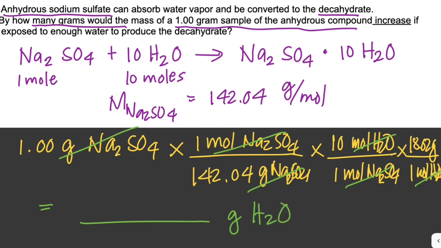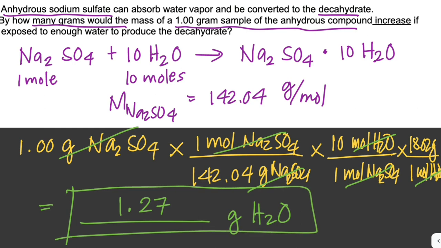and this would give us 1.27 grams of water. So you just have to multiply 1 times 1 divided by 142.04 times 10 times 18.02, and then you'll get 1.27 grams of water.